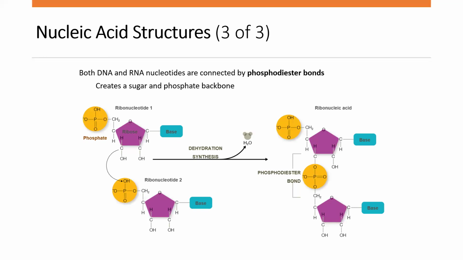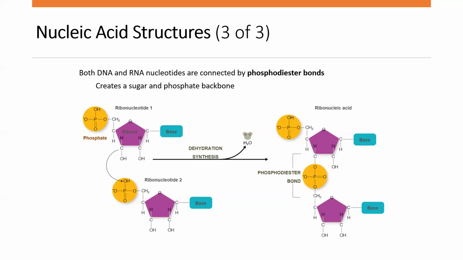Now, when you polymerize these nucleotides, then you form a backbone. Those backbones are connected by what are called phosphodiester bonds, right? And so the upside about biochemists is that they tend to name things very straightforwardly.